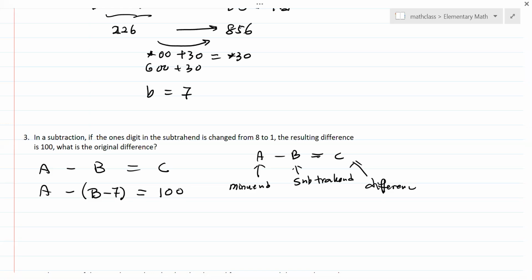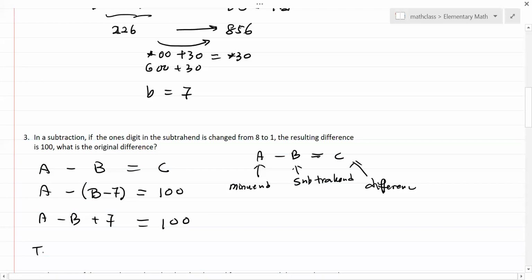So the result is because you increase the original difference by 7, so you get 100. So the original one will be 93.